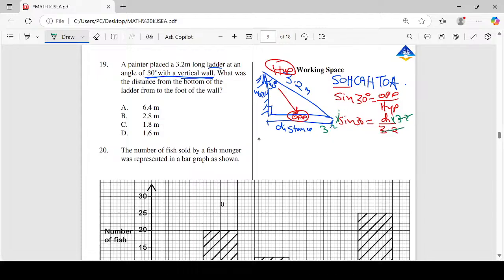Now here I'm having 3.2 times sine 30 gives me the distance D. With the help of my calculator, I multiply 3.2 by sine 30, I'm getting 1.6. So 1.6 is equal to D. So the correct answer here should be 1.6 meters.